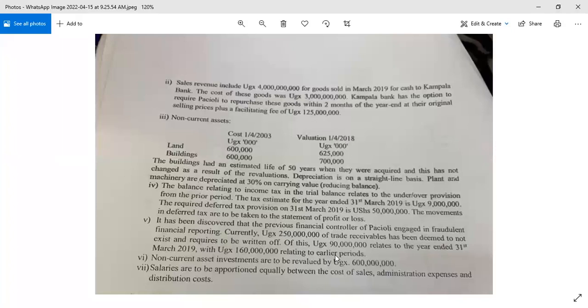Now, I feel like I'm skipping this, and the reason is that we have not covered it in class. Okay, this is IAS 8, changes in accounting policies and accounting estimates. I also think it is IAS 10, events after the reporting date.